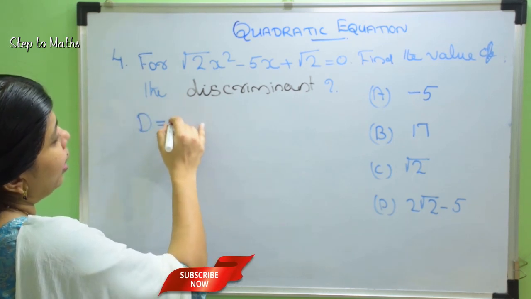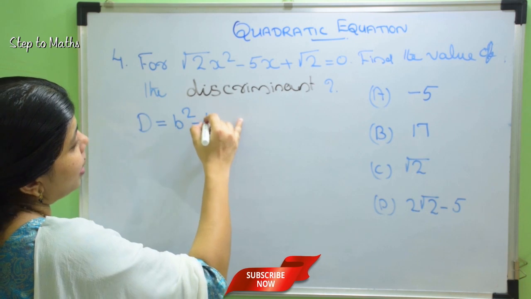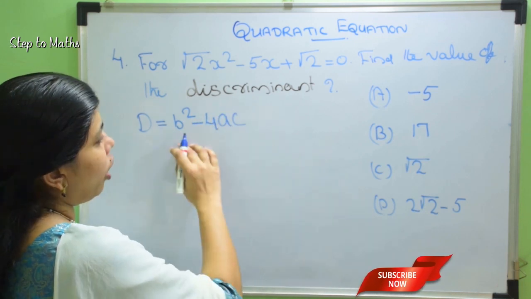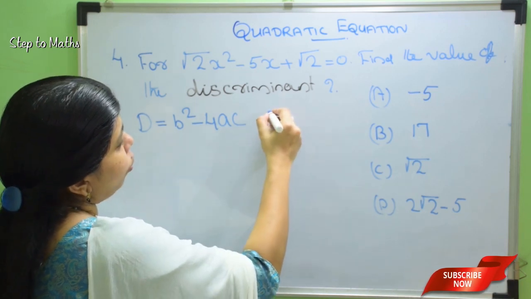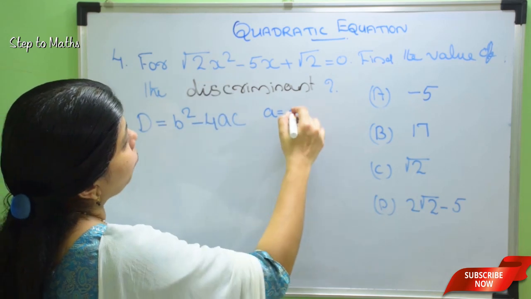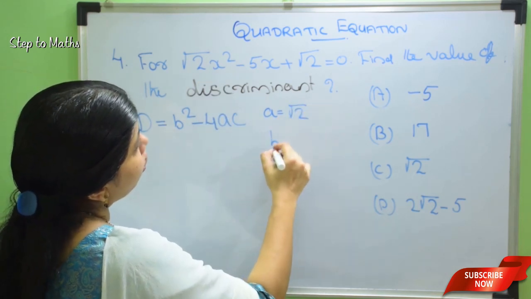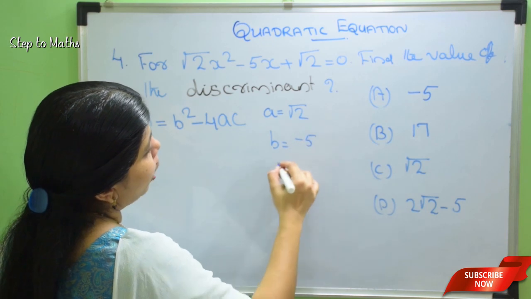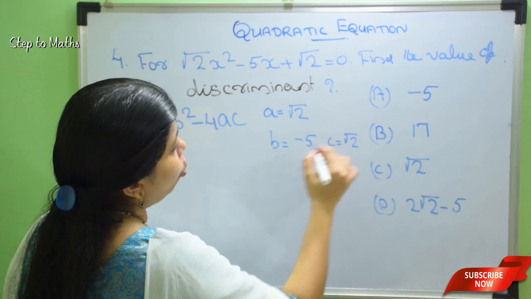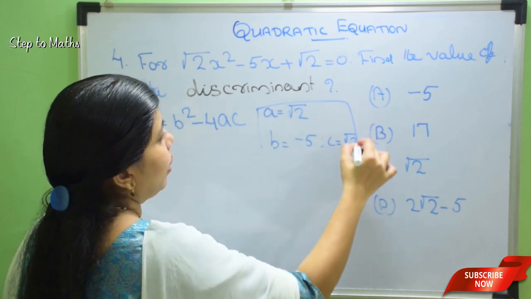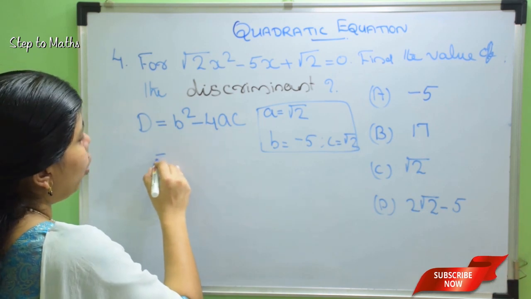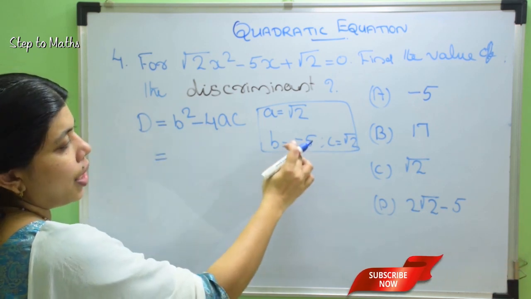Discriminant D equal to b square minus 4ac. Write down the coefficients. a equal to root 2, b equal to minus 5 and c equal to root 2.